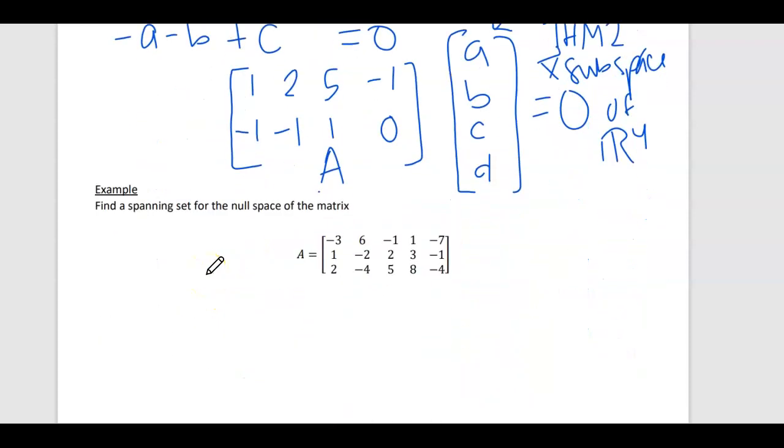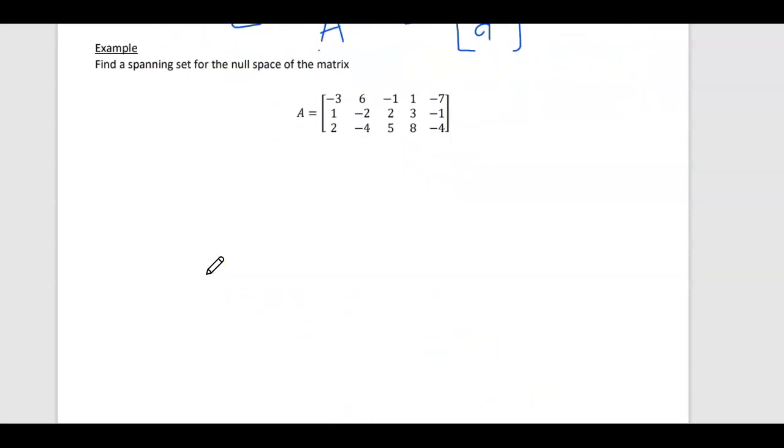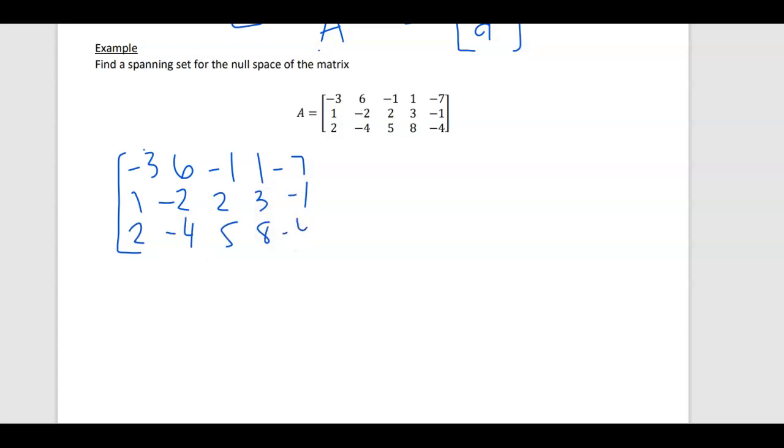All right, let's look at another example. Find a spanning set of the null space for this matrix. So the first thing that we're going to do is augment this matrix with the zeros. We're trying to figure out the solution set in which this is going to be true.